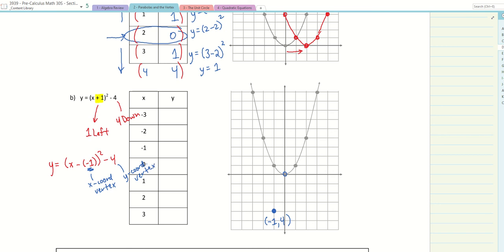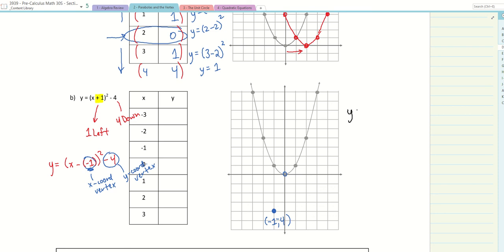Sorry, negative 1, negative 4. When I write it that way, I can just look at this and see, oh, the vertex is negative 1, negative 4.